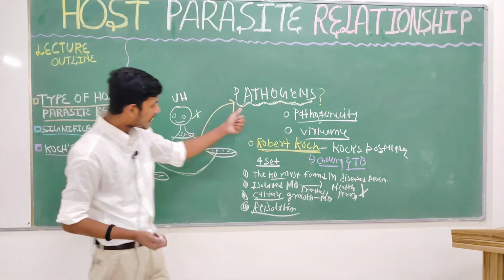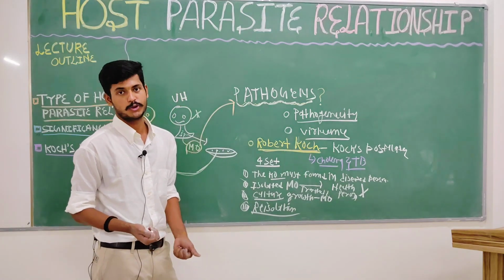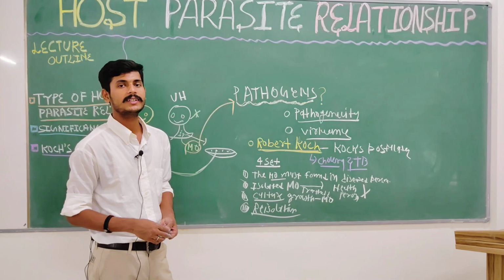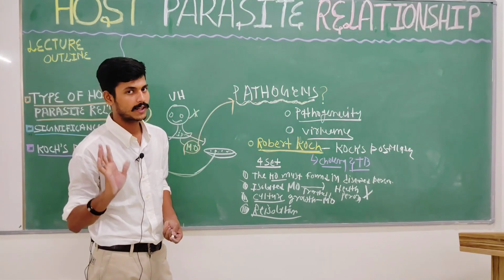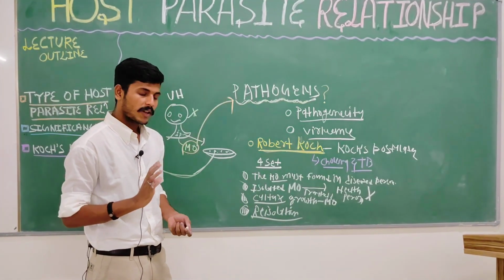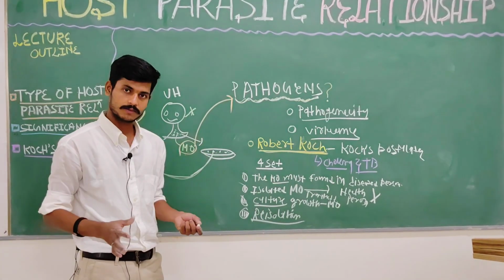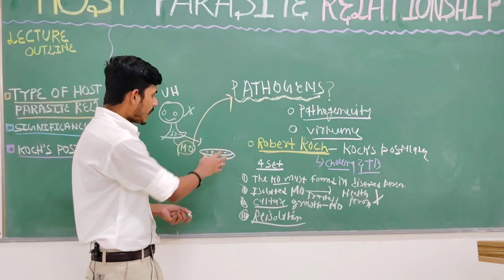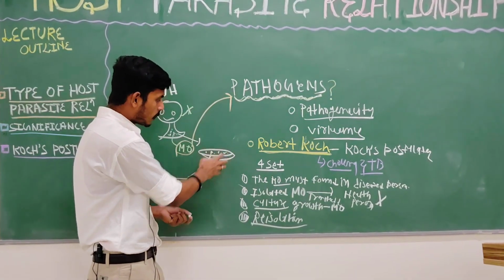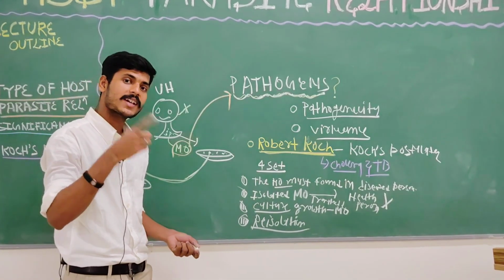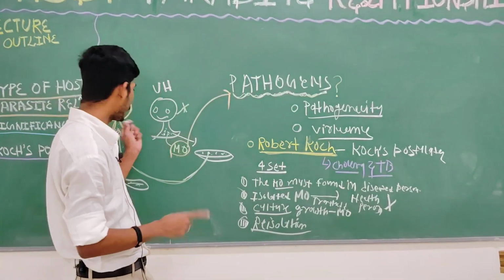Fine. So these are some of the Robert Koch postulates. Once again, the first postulate is that the microorganism must be found in the diseased person and not in the healthy person. Second, when we isolate these microorganisms, they must grow on the culture. Then this cultured, isolated organism, when we inoculate it into a healthy person, must cause signs and symptoms, or the disease, in the healthy person.